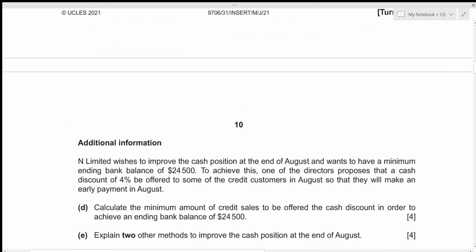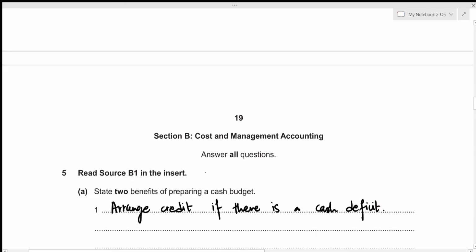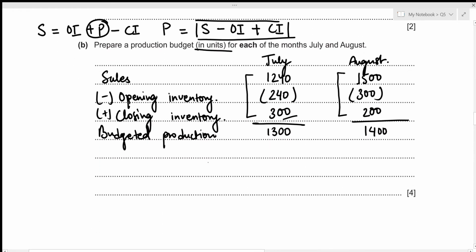And we need to look at our production budget for that. So what we know is that the number of units produced in the month of July is 1,300. Now we need to figure out the raw materials required for that 1,300 units. So that's 1,300 units, and we know that for each unit, the raw materials required is 5 kgs. So we can just multiply it with 5. And we know that the cost per kilo of raw materials is $18. So we can just multiply it with the rate of $18.